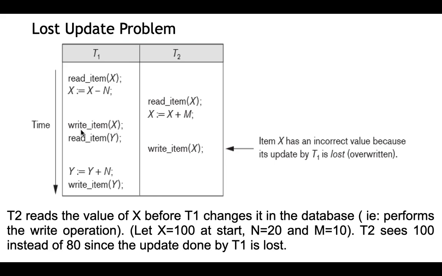Just keep this in mind. Only when write item X is executed, X becomes 80. So at this stage, X equal to X minus n is just a variable, it has not been updated into the global variable. Just imagine this is a temporary copy. X becomes 80 only when this write item X is executed.